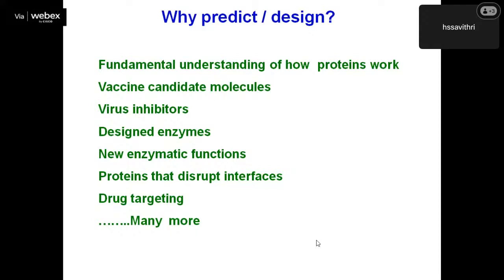They provide vaccine candidates. They can be made into virus inhibitors. We can design enzymes with specific functions. For example, enzymes that can create a clean environment by digesting discarded raw materials. We can make new enzymatic functions which can be used for pharmaceutical applications.